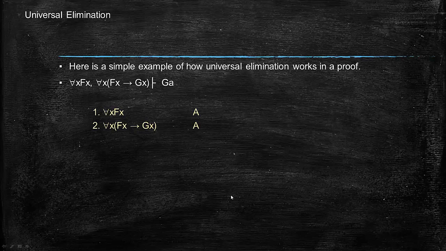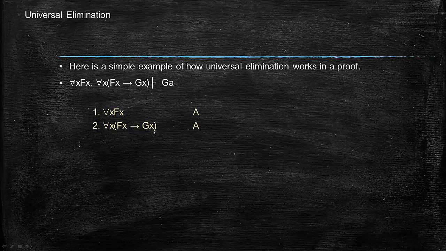So if you just look at this for a second, you can see that there's an interesting relationship here of a conditional elimination nature, right? I mean, imagine that you had Fa, and then imagine that you had if Fa then Ga, then you could apply conditional elimination to get Ga.